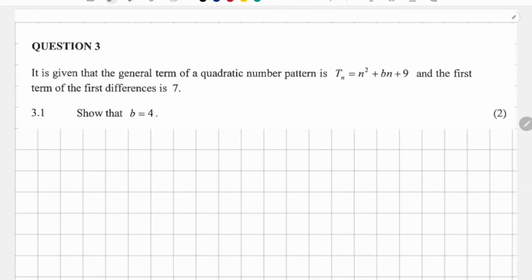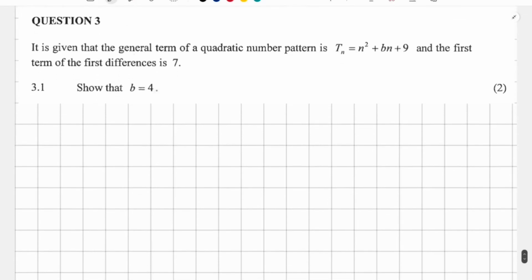Okay, so to show that b is equal to 4, first of all, what can really always help you with quadratic patterns is to expand this quadratic pattern just so that you can see what you have. So quadratic patterns, first of all, you would have the quadratic pattern in the first row. Now let's see what they gave us about that quadratic pattern. Now, if you notice, we don't even have the first term of the quadratic pattern.